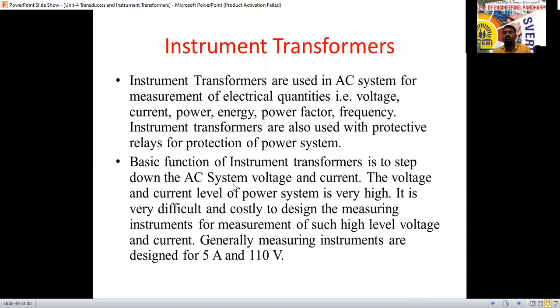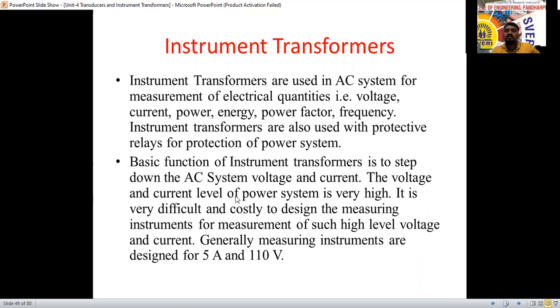Then we can give it to any instrument for further measurement applications. In the instrument transformer, we are going to step down only.